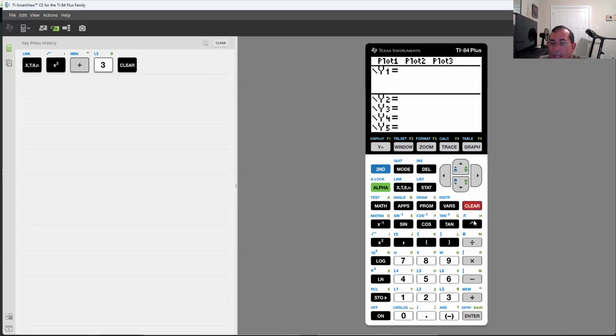Y'all see this little upside down V looking thing under the clear button? We call that a caret. So I could do the X and then hit that upside down V. You see how it kicks my cursor up? And then I can put my 2. But y'all, here's the thing. If you use that, you see how the cursor's still up there with the exponents? So you got to arrow right to bring it back down. And then put in your plus 3, okay?